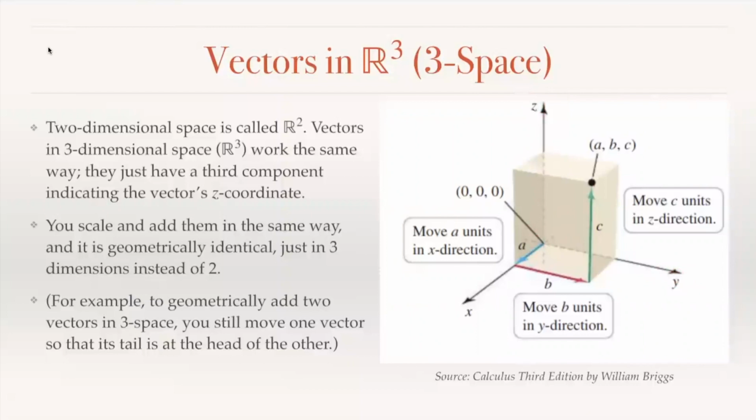So, for example, this vector ABC would have components a comma b comma c, which correspond to the x, y, and z coordinates of the vector respectively. And to geometrically add vectors in 3 space, you just move one vector so that its tail is at the head of the other, and everything works identically.